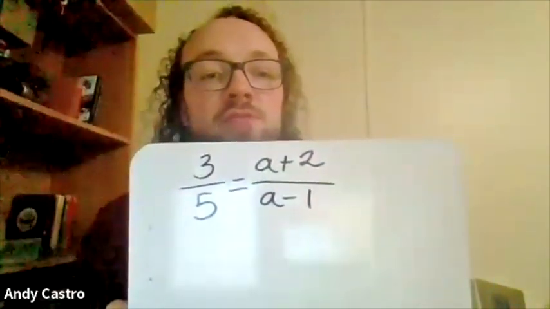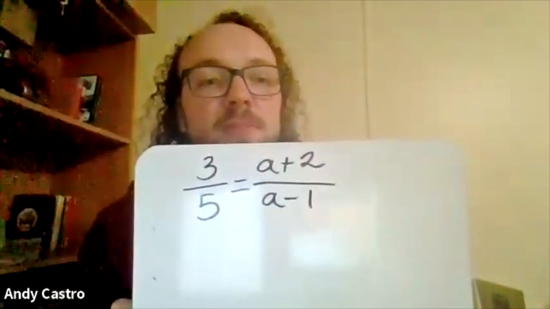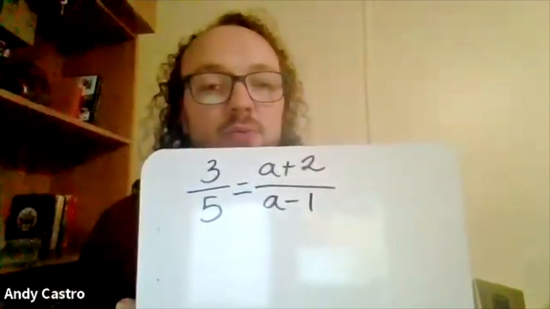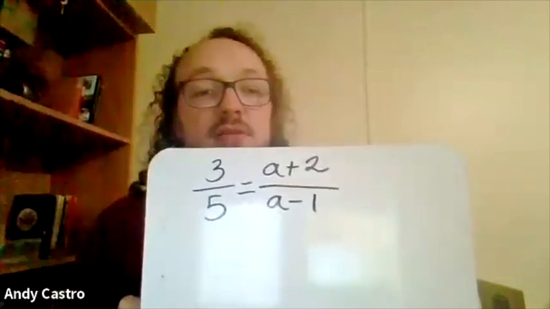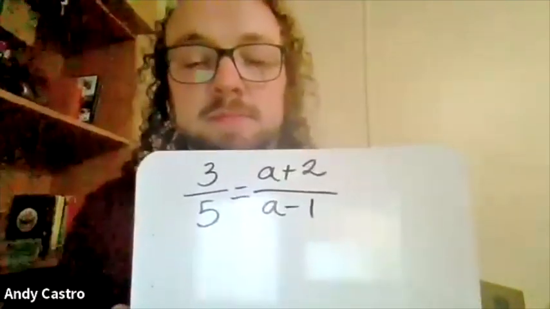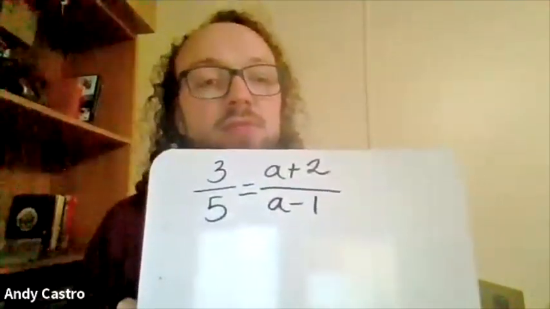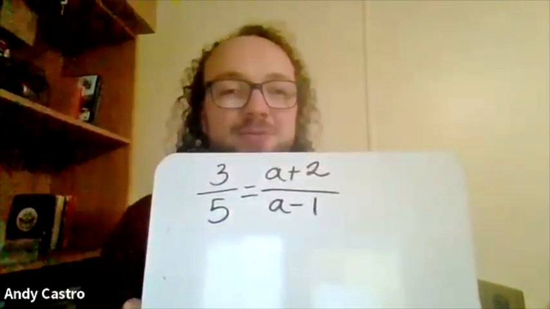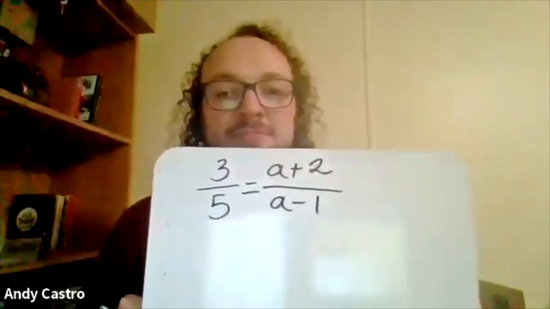So 3 over 5 equals a plus 2 over a minus 1. And that will be our last problem for the night. So I'll give you a minute to work on that. If you haven't copied it, copy it now because I'm going to start working it out too, so I know the answer.